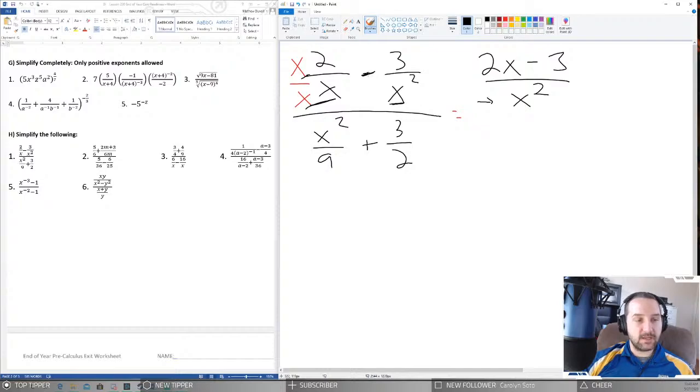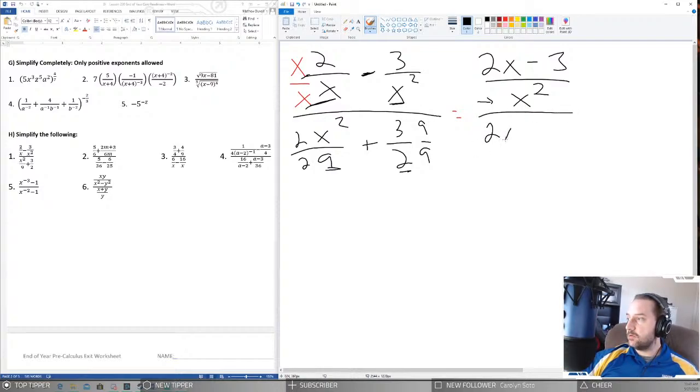Now we should do the same thing to the bottom. So between 9 and 2, the common denominator is 18. So this needs a 9 over 9, and this needs a 2 over 2. So it's going to be over 2x squared plus 27 over 18.